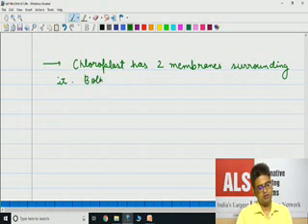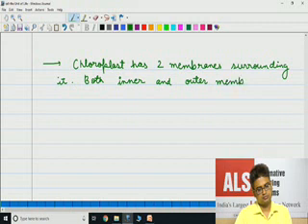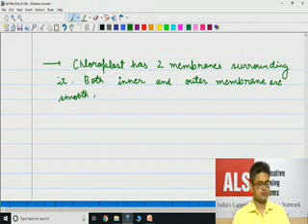Both the inner and outer membranes are smooth.